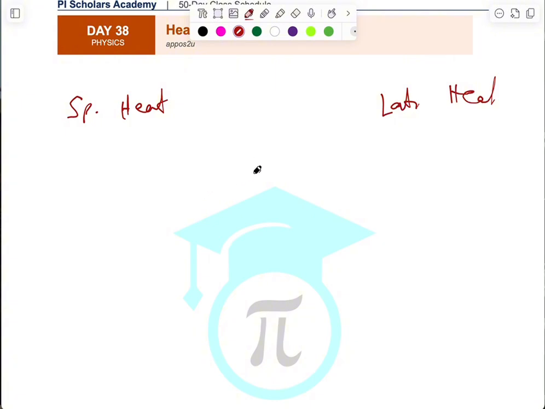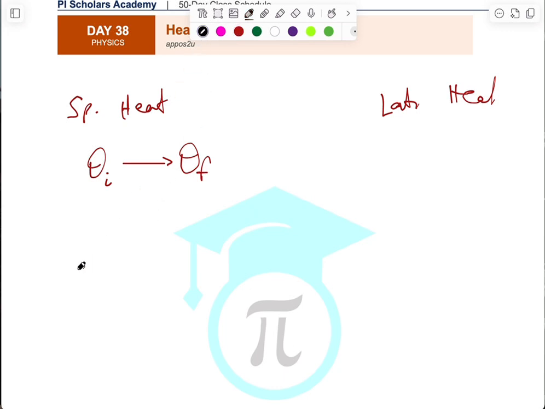See, there's a certain heat that changes the temperature of a body. If you have an initial temperature theta I, and heat is supplied and changes your temperature to a new temperature, let's call it theta F, then this heat has to do with specific heat. And it varies in so many ways.